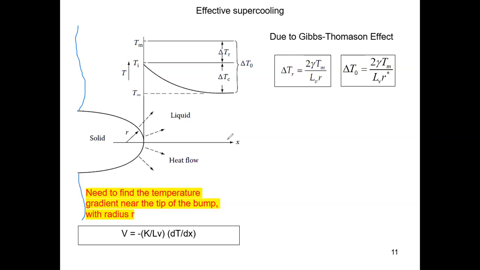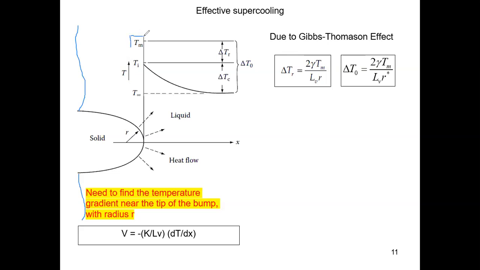Now how are we going to apply the Gibbs-Thomson effect to the system? Here there are a number of important temperatures that I want to highlight. The first one is the melting temperature.